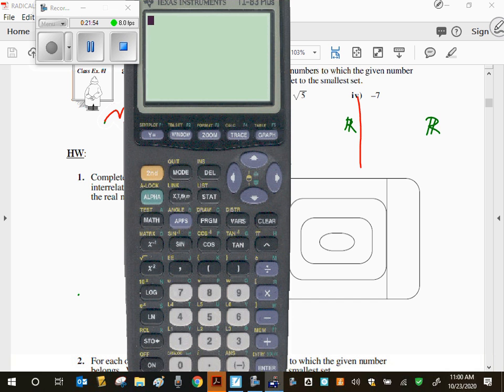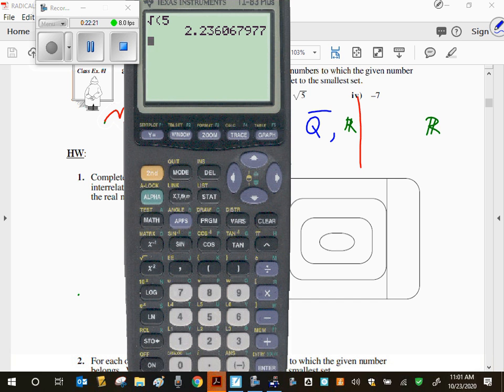Good job. So if you put square root of 5 on your calculator, you got a decimal that ends, but it doesn't really end. It just ends on your calculator. Any decimal that goes on forever and doesn't repeat is called an irrational number. So like pi or radical 5, those are irrational numbers. They go on forever and they don't repeat. That's the definition of an irrational number.